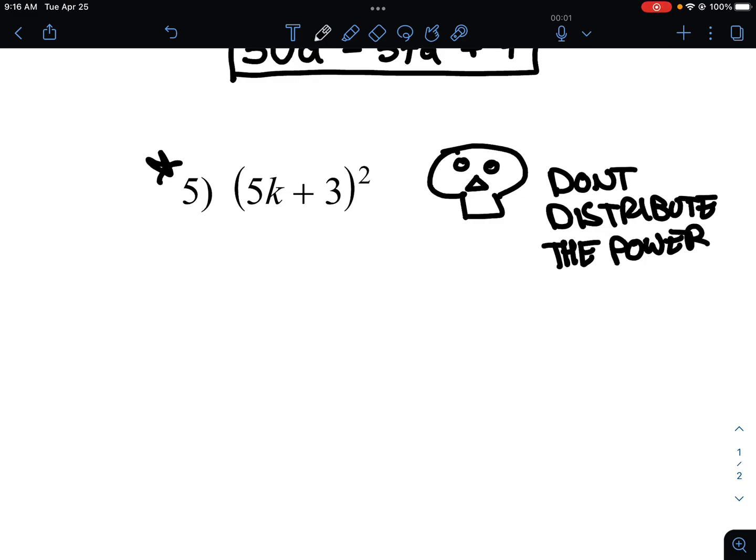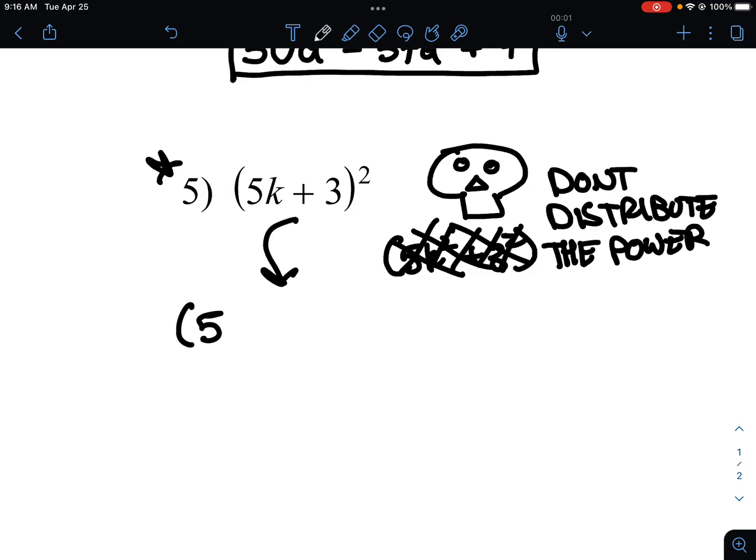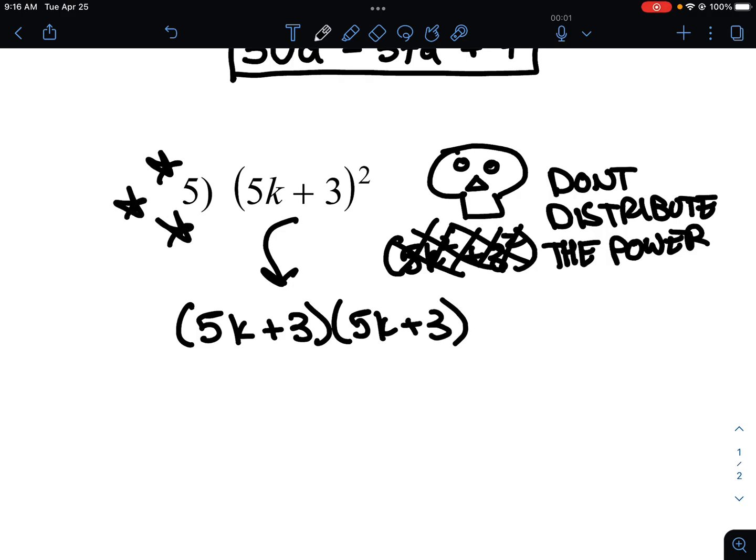So what you do not want is 5k squared plus 3 squared. No. Okay? Instead, what we have are two instances, 5k plus 3, 5k plus 3. Two of them. Make note of that, star it.